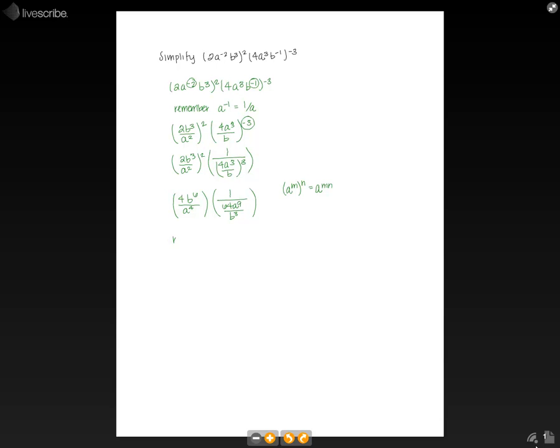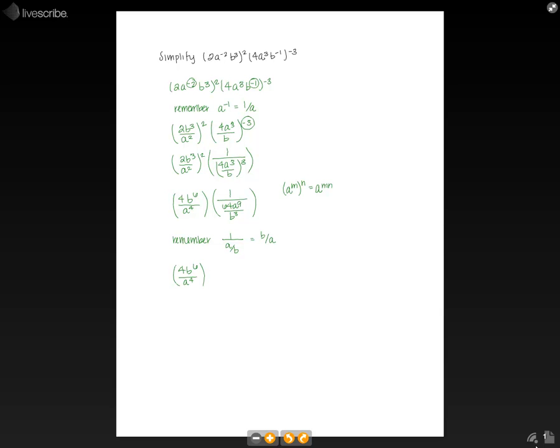Now we need to get rid of this fraction in the second term. For that, we need to remember that if we have 1 over a over b, that's the same as b over a. Using that, the first term stays the same.